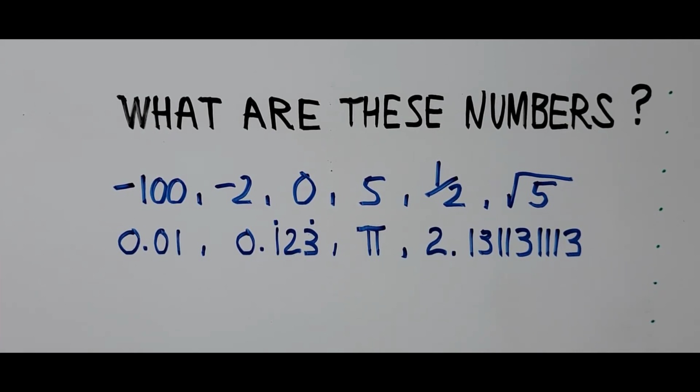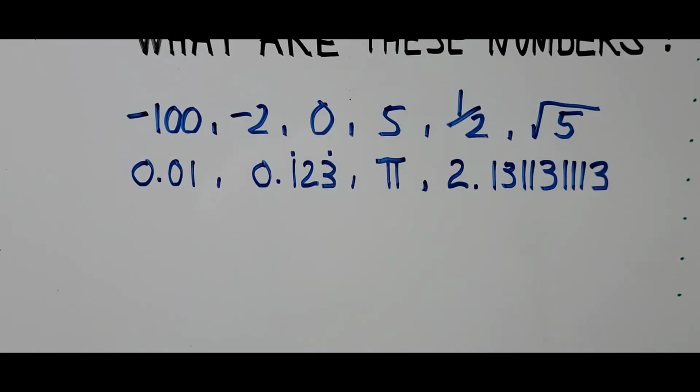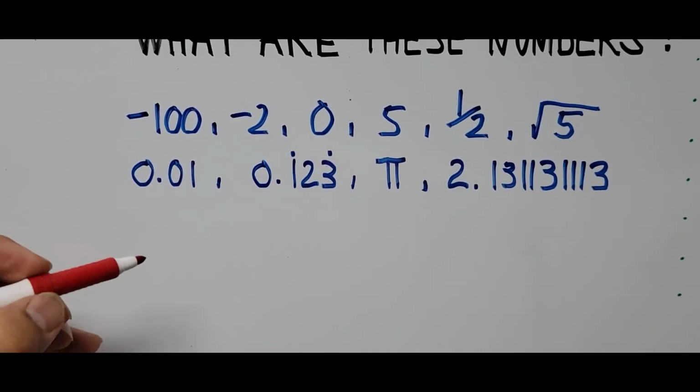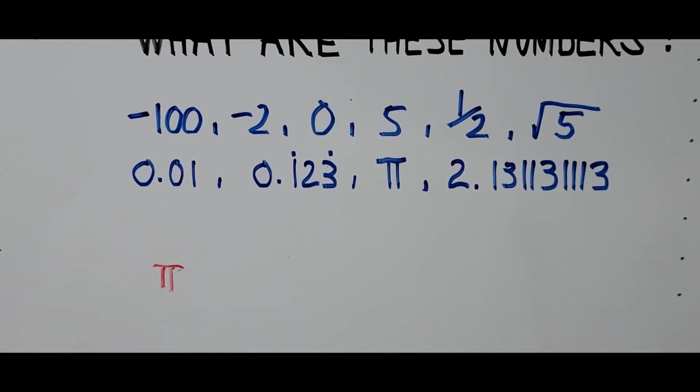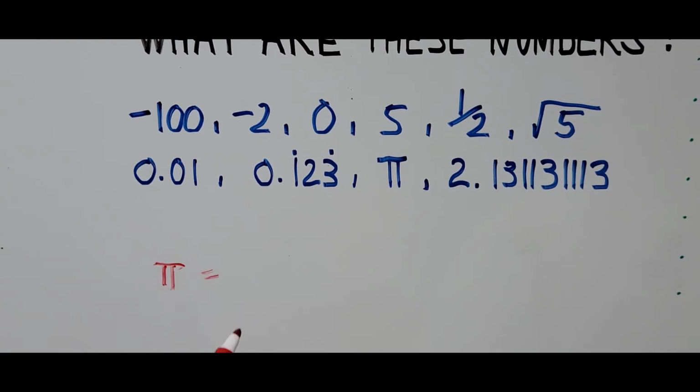To better explain what irrational numbers are, the symbol pi here is written in numerical value as 3.14159 and so on.